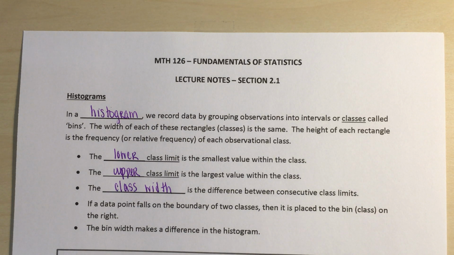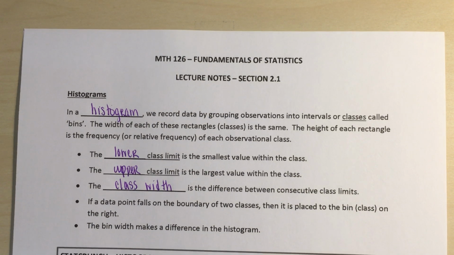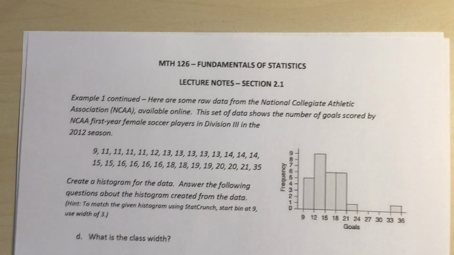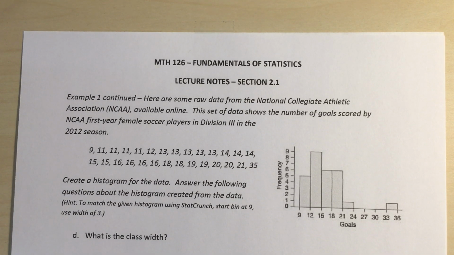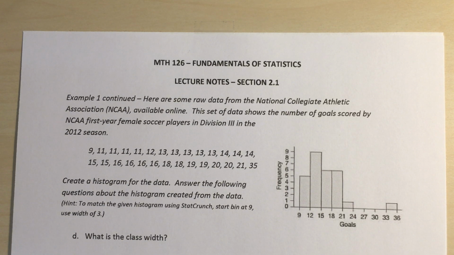Before we get into actually constructing a histogram, we're going to talk a little about interpreting it, because interpretation is the end goal when we're working through our data cycle. Same example that we started with from the beginning: our data for the soccer players.